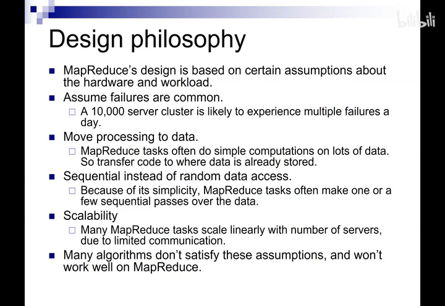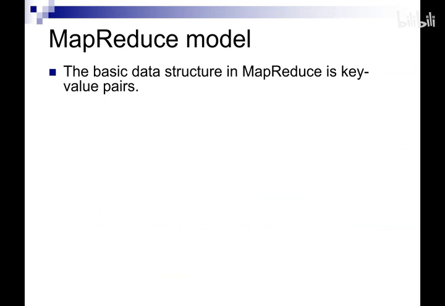That's not going to run well in MapReduce, because MapReduce is basically designed for jobs where you can finish the entire computation in, let's say, a small constant number of time steps. Also, jobs that have lots of communication are not going to run well in MapReduce. So that's the basic philosophy behind MapReduce's design.